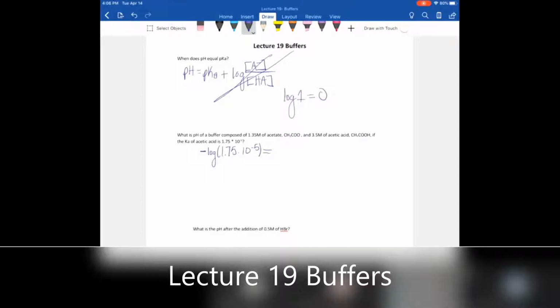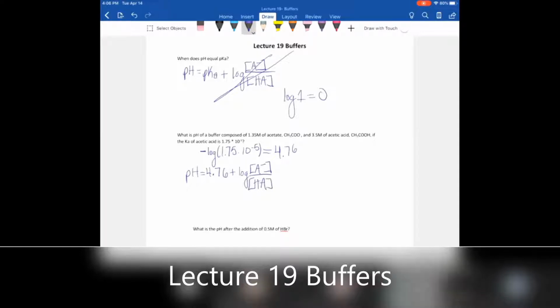Negative log 1.75 is 4.76. Okay, so your pH equals 4.76 plus log of A minus over HA, with the concentrations of these here.